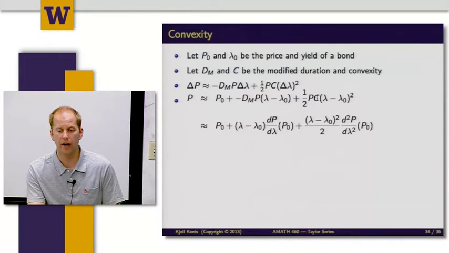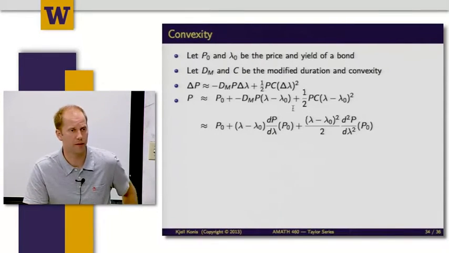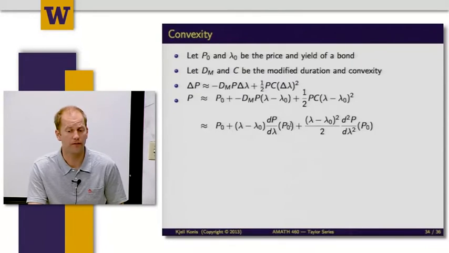And then price times convexity, that's the same thing as the second derivative of p with respect to lambda evaluated at p naught. So really all we've done when we use modified duration and convexity to approximate the price of a bond, we've used an order 2 Taylor polynomial to approximate the same thing.